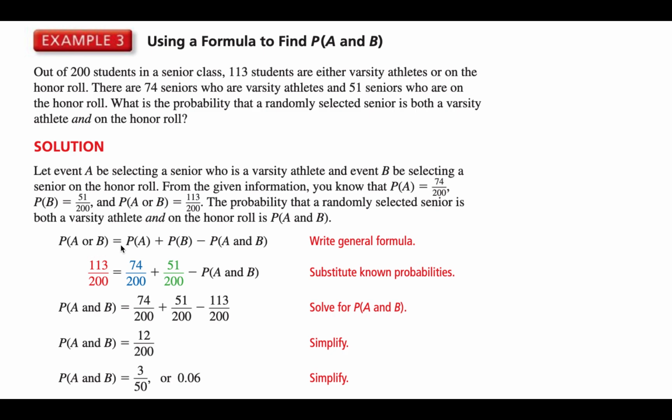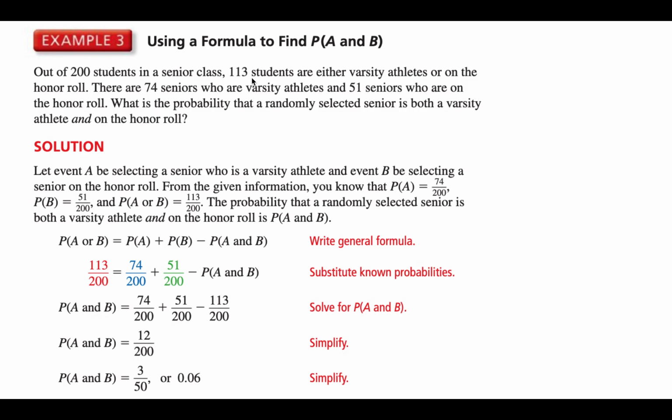Okay, we can use our formula. The events are overlapping, so we have to make sure that we include this minus the probability of A and B. What's the probability that someone in the senior class is an athlete or on the honor roll?